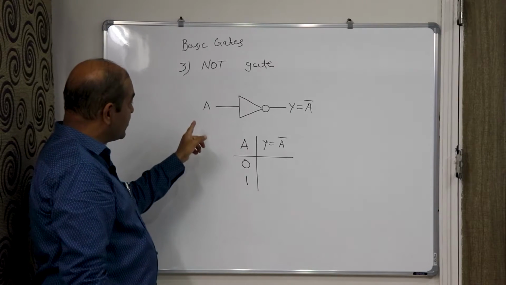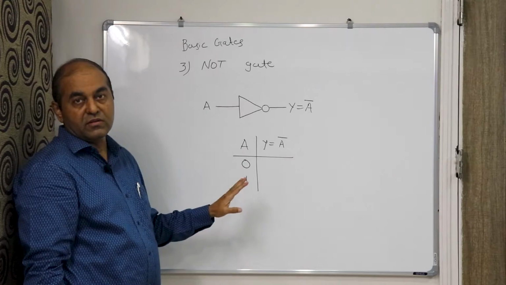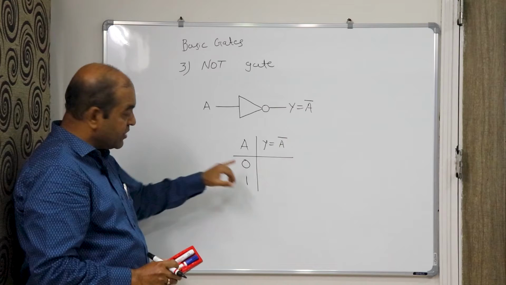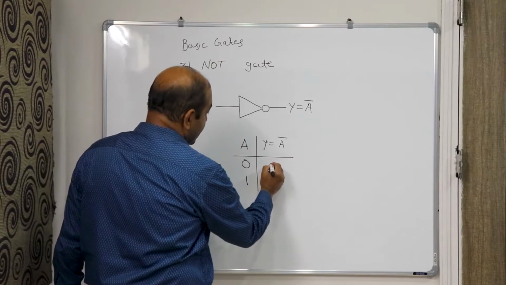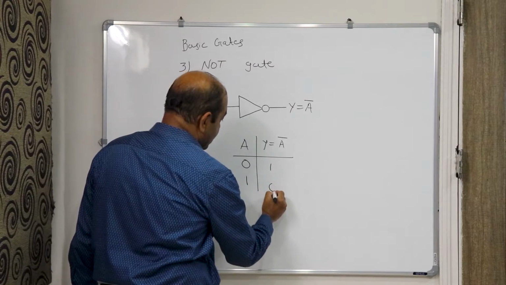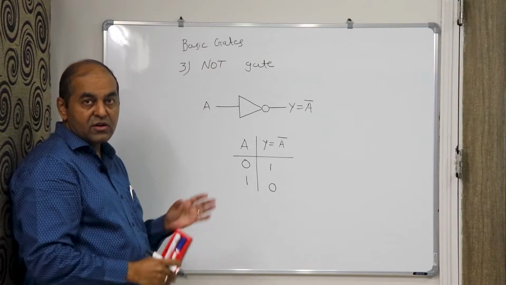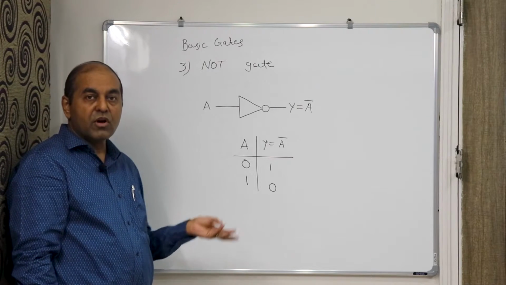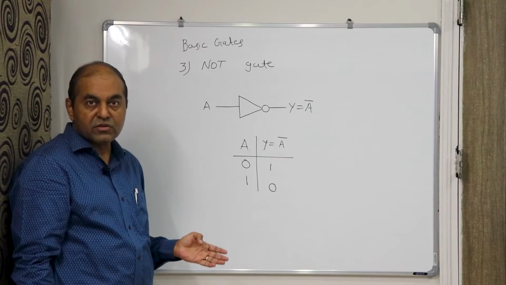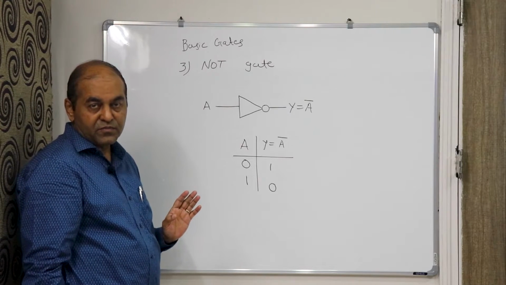As there is a single input, we have only two cases, either input is 0 or input is 1. As I have told you, it's a function of inversion. So when the input is 0, output is 1. And when the input is 1, output is 0. Clear? So this is about the three basic gates: OR, AND, NOT. OR means function of summation, AND means function of multiplication, and NOT means inversion. So these three are the basic gates.